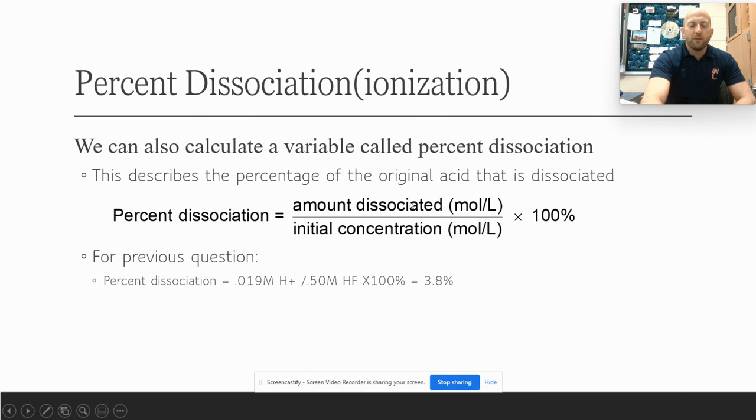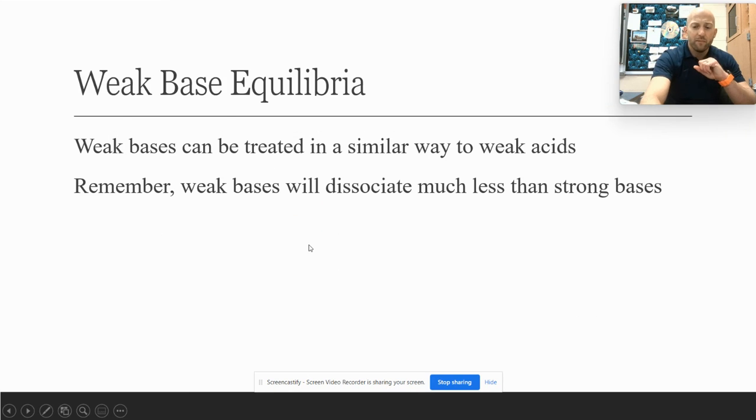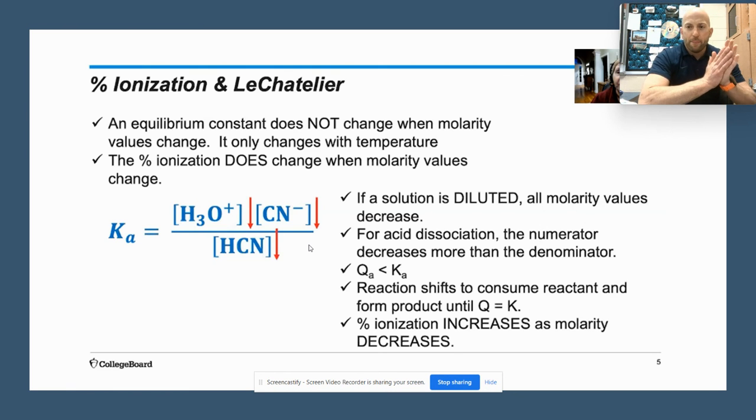Okay, so it's the amount dissociated over the initial concentration. And so your percent dissociation in this case is 3.8%. So you might have noticed that even in various other weak acids, they'll have different dilution ratios and how much is actually dissolved.